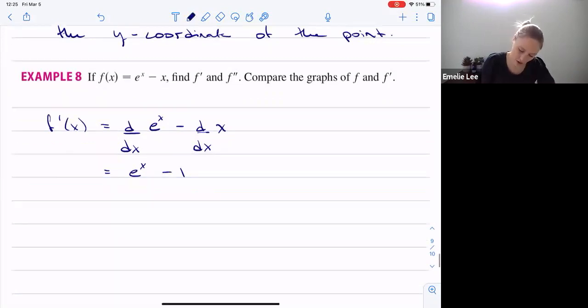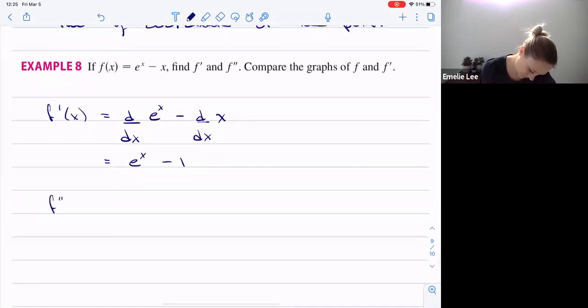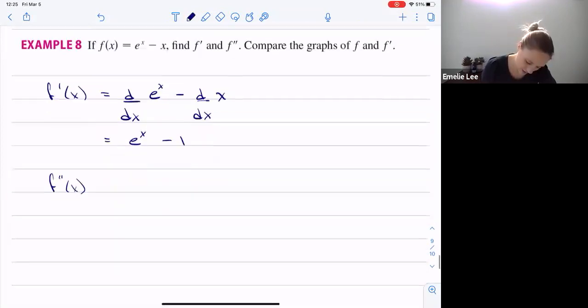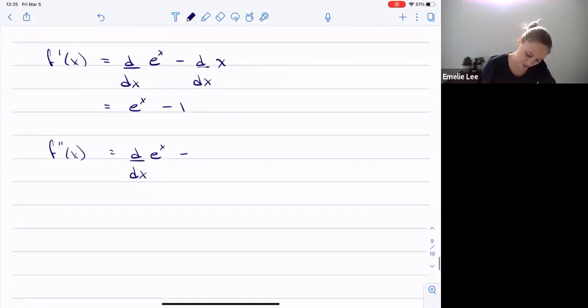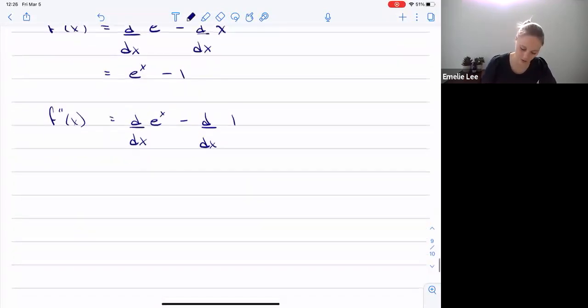What if I want to find the second derivative? Well, that's d dx of e to the x, if I want to overkill it here, minus d dx of 1. The derivative of the constant is 0, right?